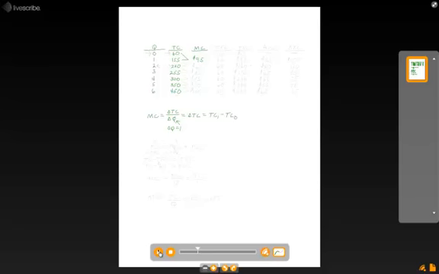Our marginal cost for producing our second unit of output would be 220 minus 155, which is going to give us $65. 255 minus 220 is going to give us $35. 300 minus 255 is going to give us $45. 350 minus 300 will give us $50.